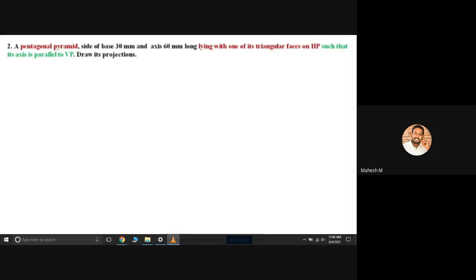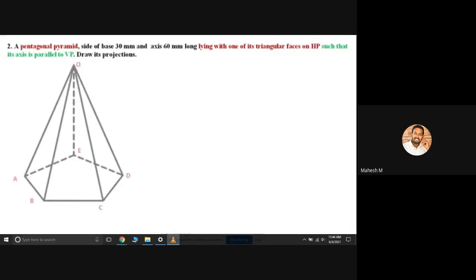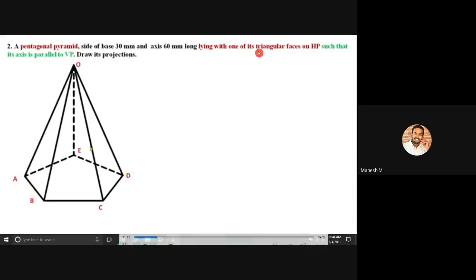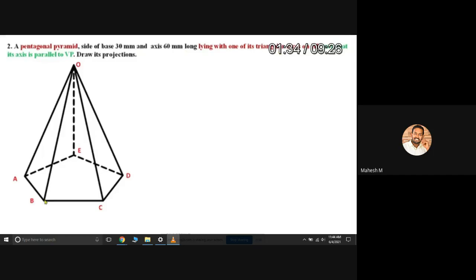So here the condition is triangular face on HP. You can create any kind of pentagon, whether an edge pentagon or a corner pentagon. There is no problem. But you should be very cautious on this condition, lying with one of its triangular face on HP. In the edge, the triangular face should be drawn touching HP.